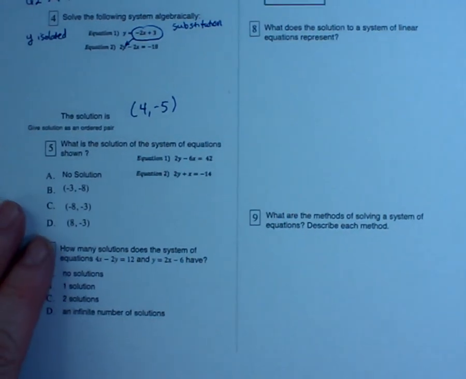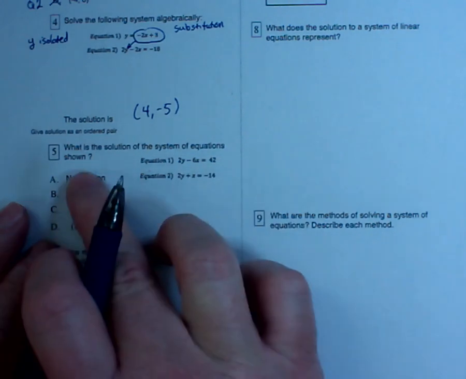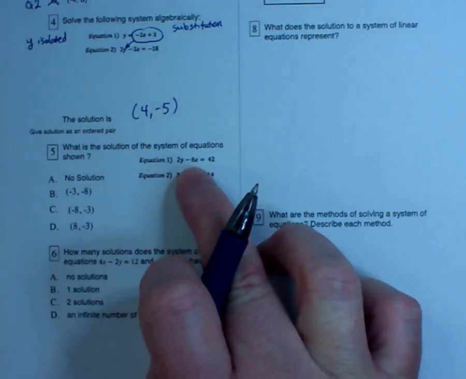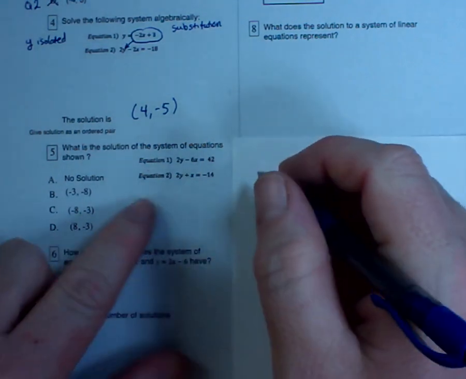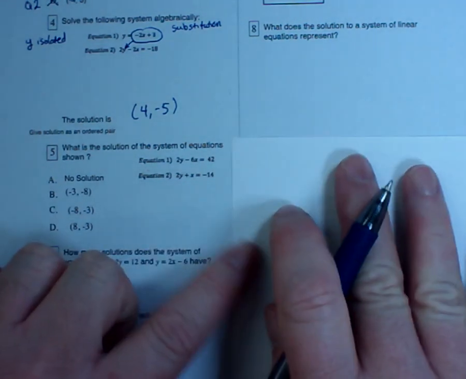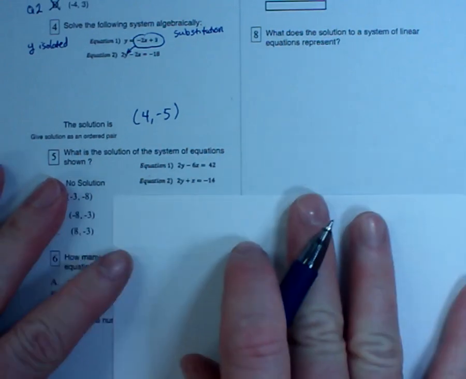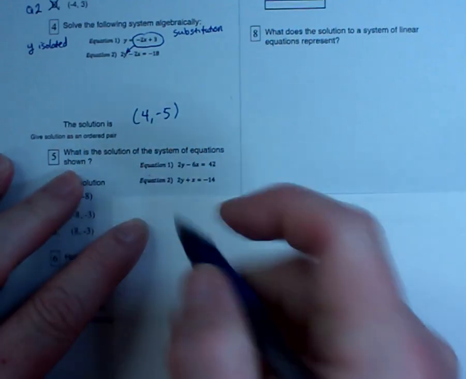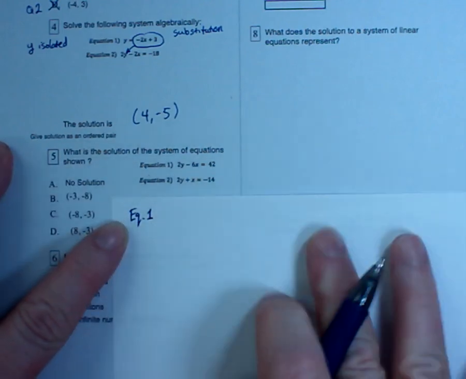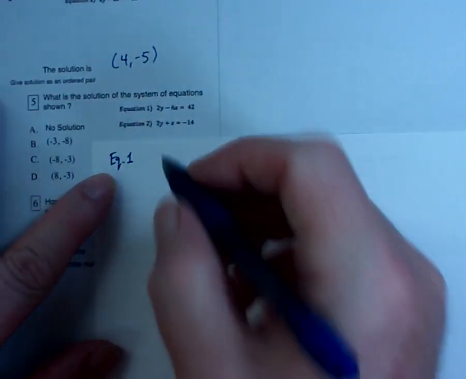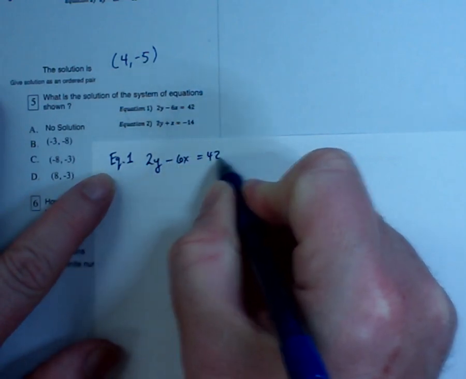Problem 5. What is the solution of the system of equations shown? Now, this is an interesting situation here, because if you look at both of these equations, I have equation 1 in standard form, 2y minus 6x equals 42.